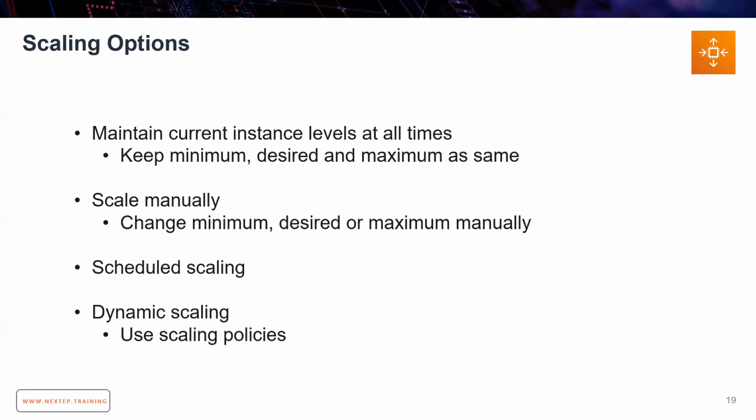Production SLA you'll have 24/7, and QA SLAs will typically be, let's say, 7 a.m. to 7 p.m. So at 7 p.m. you can put a scheduled scaling saying to scale in to 1 EC2 instance for your web server. But in the morning at 6:50 a.m. you can scale it back up to 10 EC2 instances, because that's your desired capacity between 7 a.m. and 7 p.m., if that makes sense. So you can have scheduled scaling also.